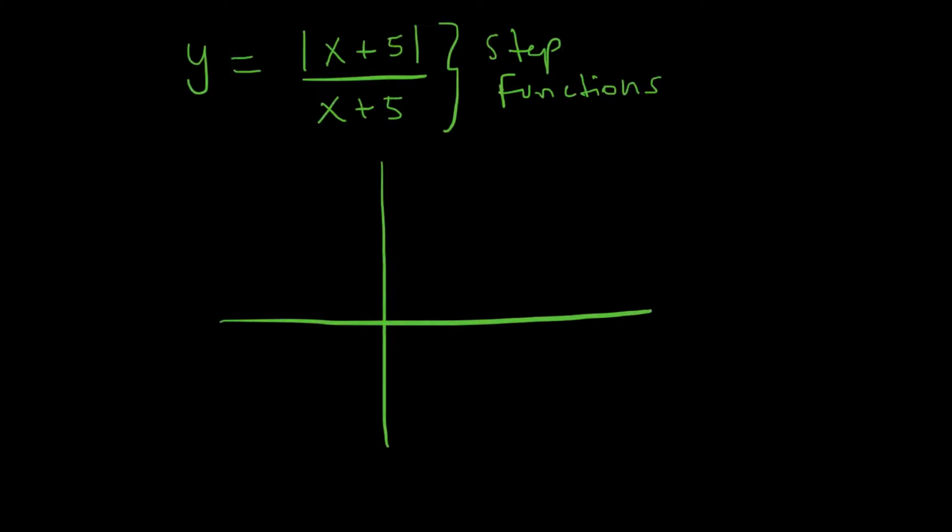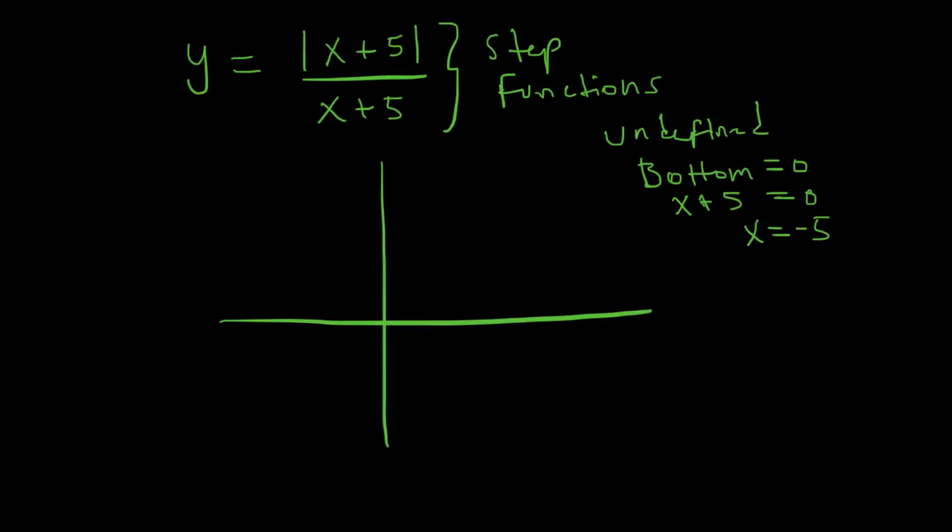First, figure out when this is undefined. It's undefined whenever the denominator is equal to 0. So take the bottom and set it equal to 0. The bottom is x + 5, and so that would be x equals negative 5. So now you can come to the graph and say, okay, I'm expecting something to happen at negative 5.